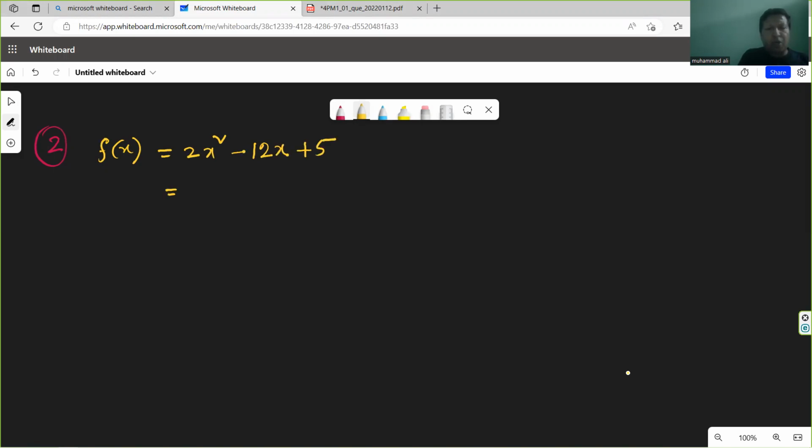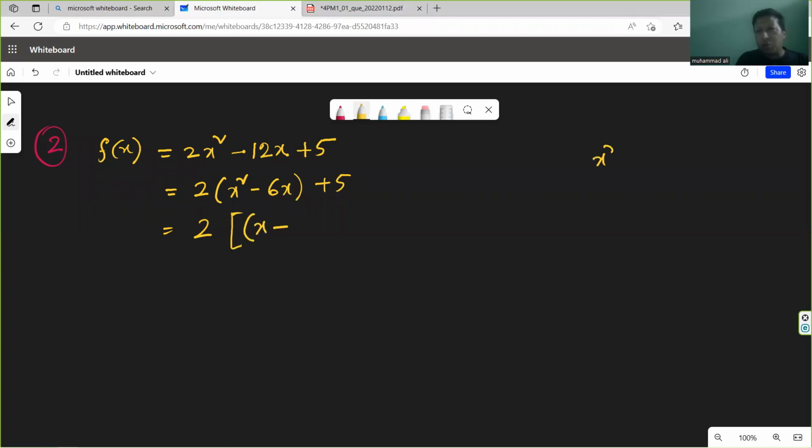We have to do the completing square method. So take 2 common. We will get 2 times x squared minus 6x, plus 5. After that, if we do completing square, x minus.